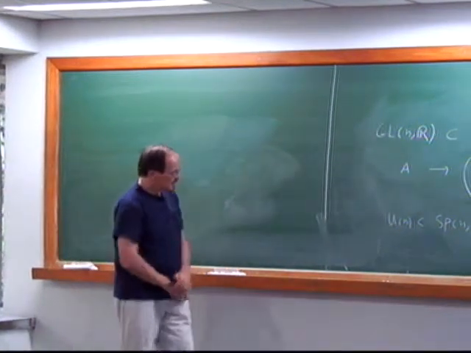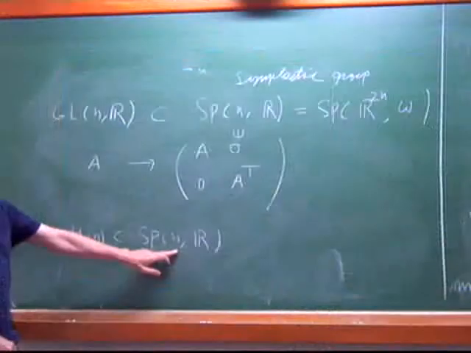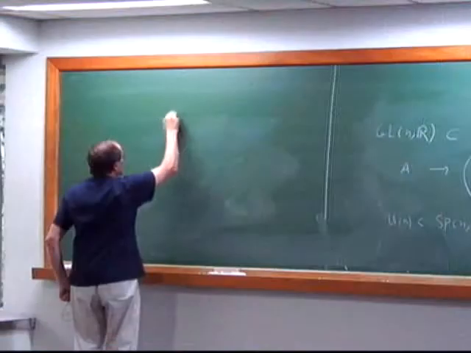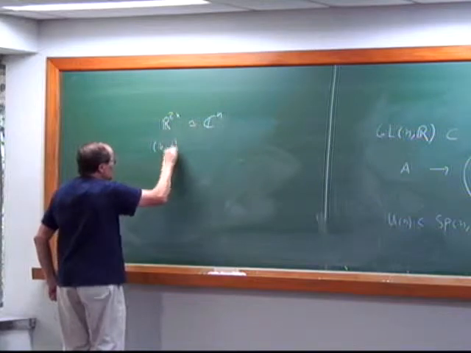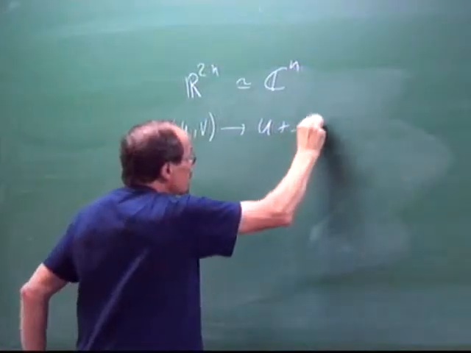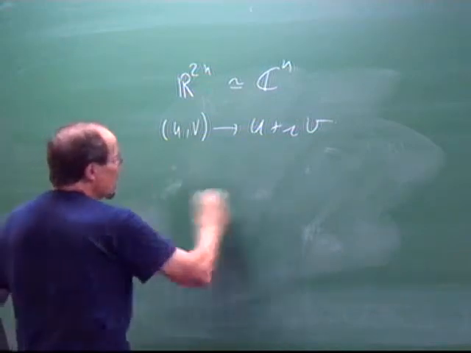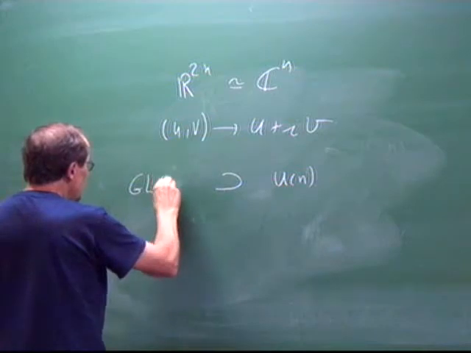So again, all these things are identifications. This of course acts on C^n, and this acts on R^2n. So identify again R^2n with C^n, via the form (u, v) goes to u plus iv. So then if I do that, U(n) on the right-hand side sits inside GL_2n(C).